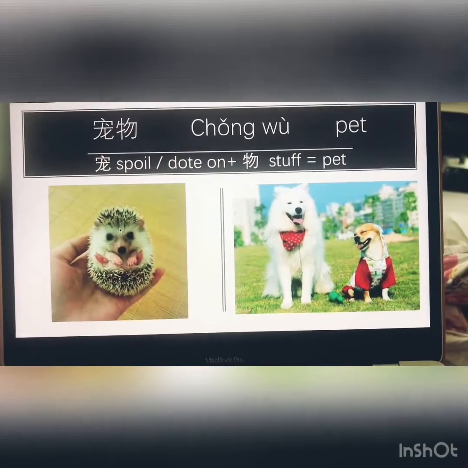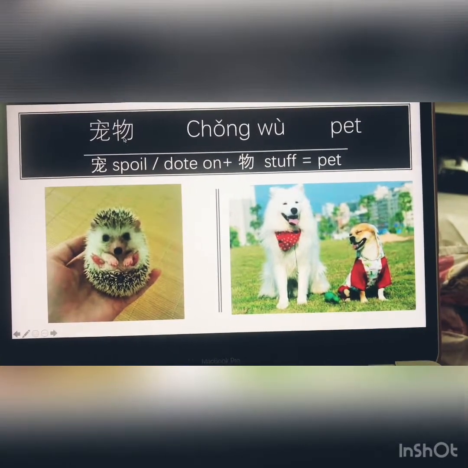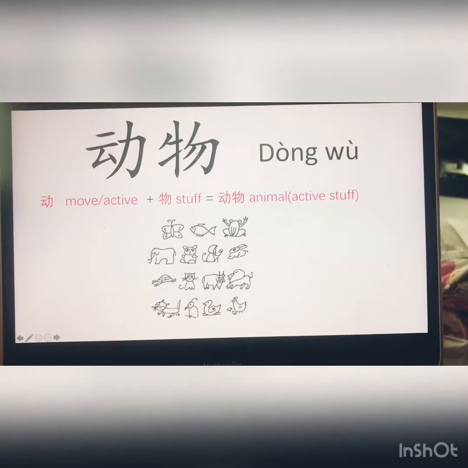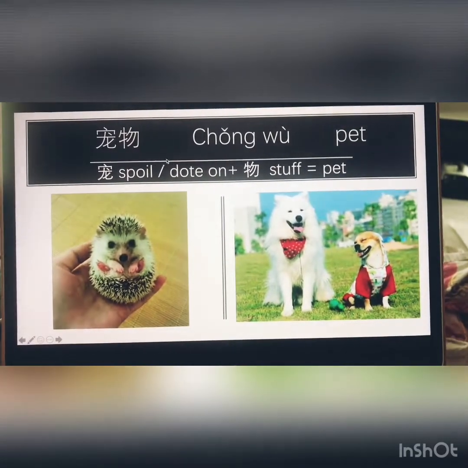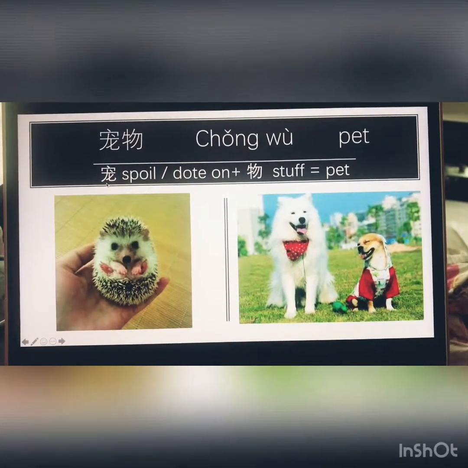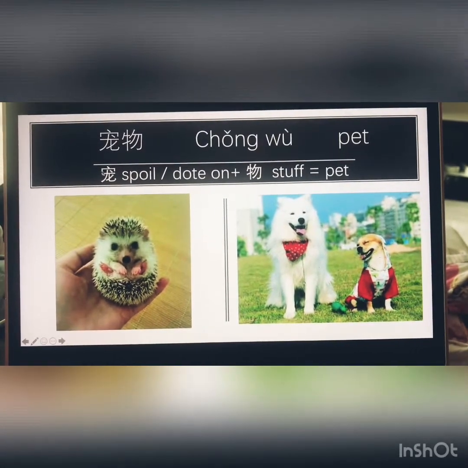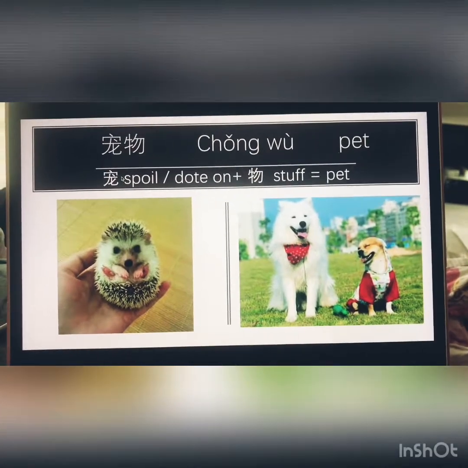The next one is 宠物. So you can see that this 物 is the same 物 as in 动物. So there's some connection here. Please remember. And this 宠, I would like to explain. The radical on the top here is like a roof. Do you remember the Chinese character 家?